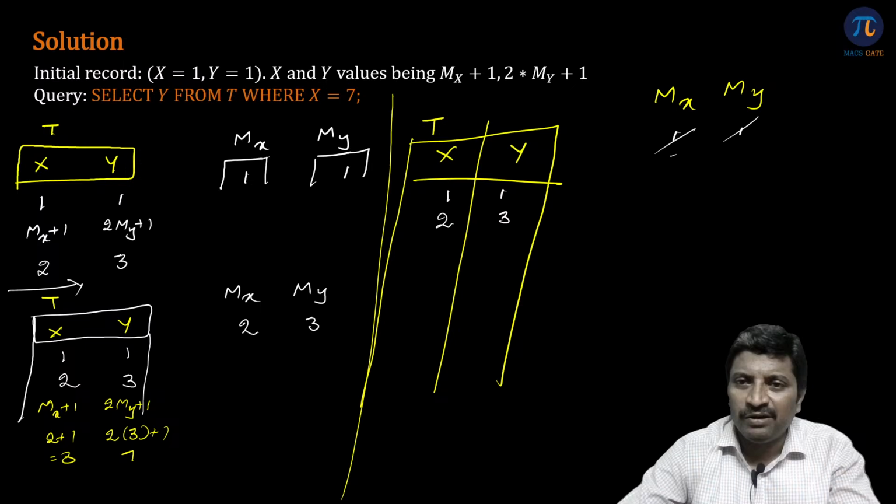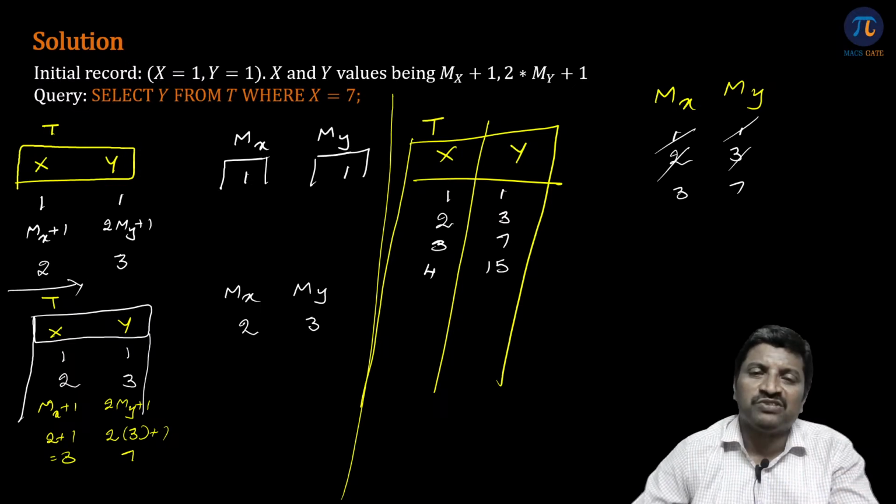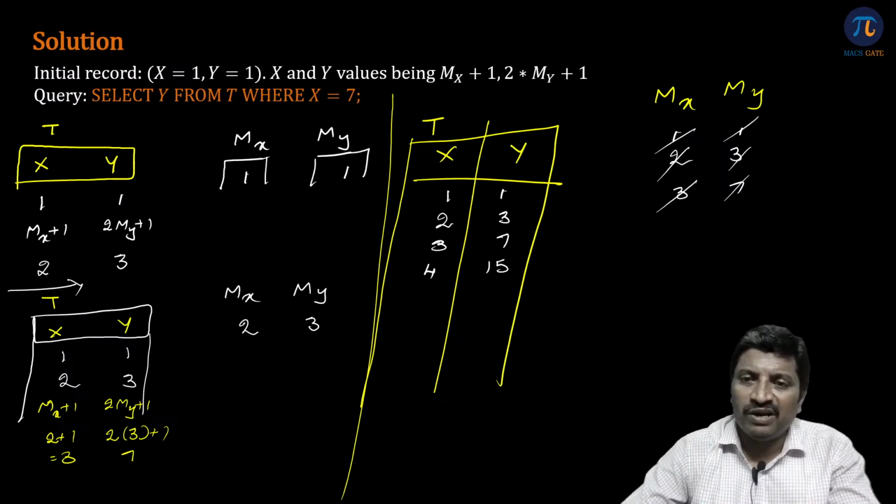So they will be updated to 2, 3. Now this will be 3, this will be 7. Maximum value is 3, maximum value is 7. The next record: Mx plus 1, 4. 2My plus 1, 2 into 7 plus 1, 15. So the values are updated to 4, 15.